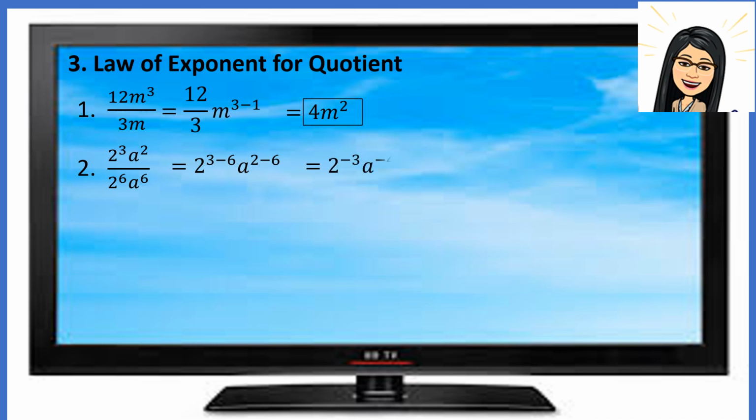So we will get 2 raised to negative 3, a raised to negative 4. Since the negative exponent is observed, we're going to take its reciprocal. So 1 over 2 cubed a raised to 4. And simplifying 2 cubed, we will get 1 over 8a raised to 4. And this is our final answer.